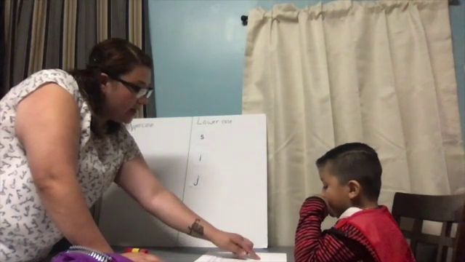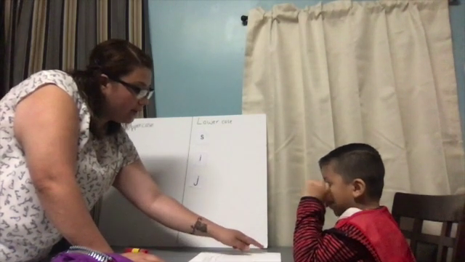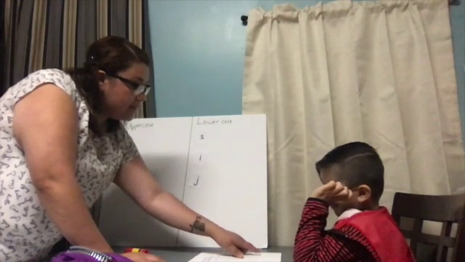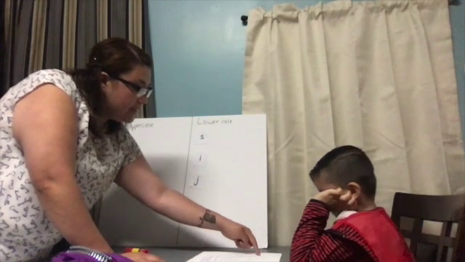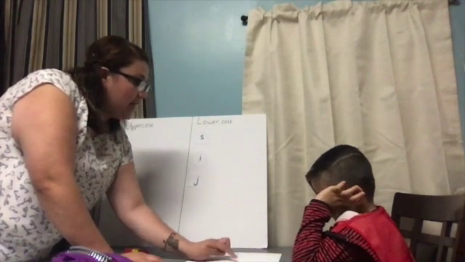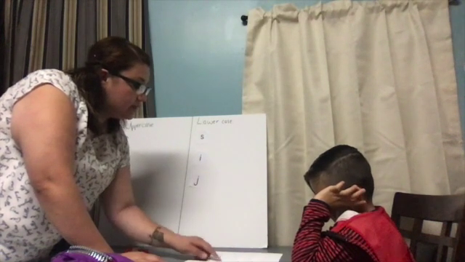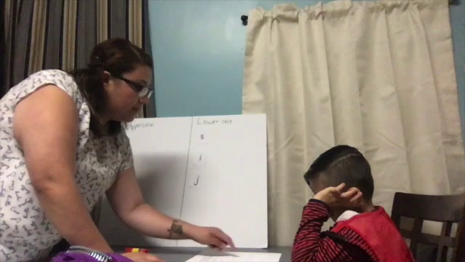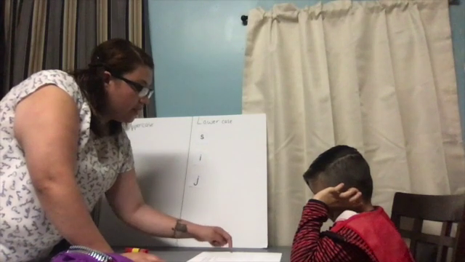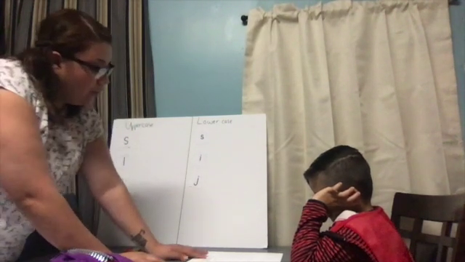On the bottom, we have the lowercase letters. I need you to cut out each letter and glue it where it belongs, so it can be paired up with the capital letter, okay?